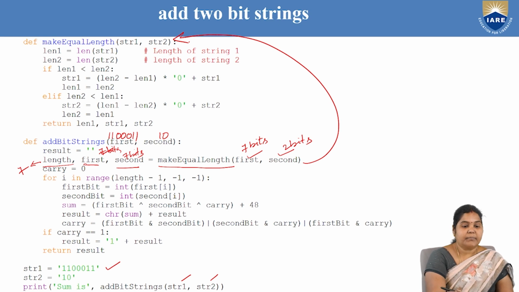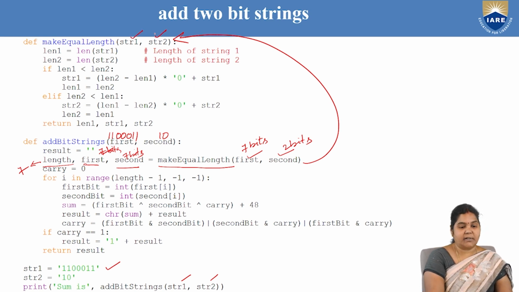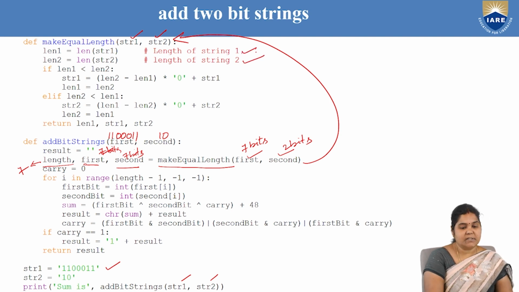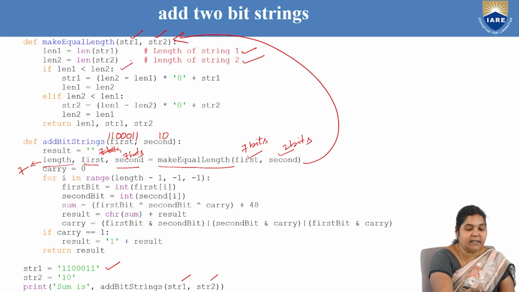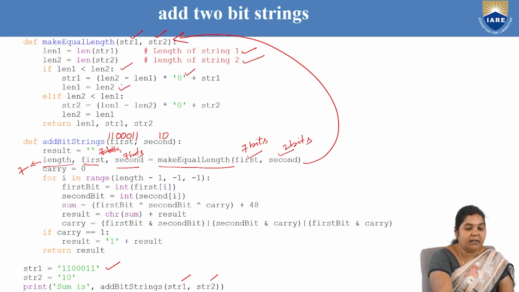Now, make equal length. Two strings we are passing, string 1 and string 2. First check what is the length of string 1 and what is the length of string 2. If they are unequal, check whether length 1 is less than length 2 or length 2 is less than length 1. That means you have to check which one is smaller. If length 1 is less than length 2, then you have to add leading zeros and make length 1 equal to length 2.